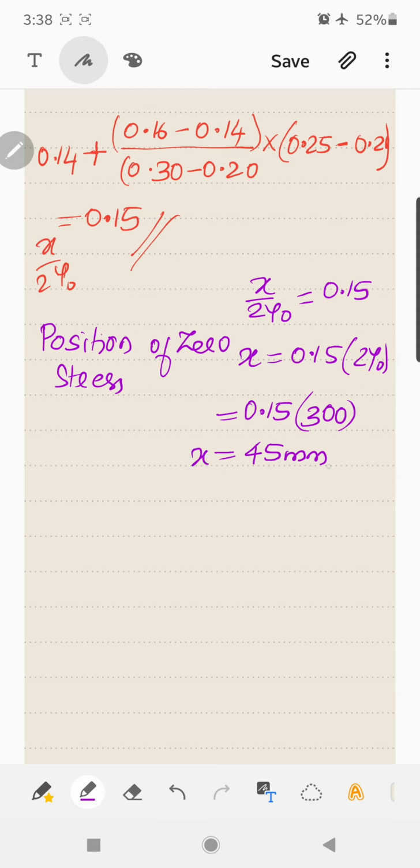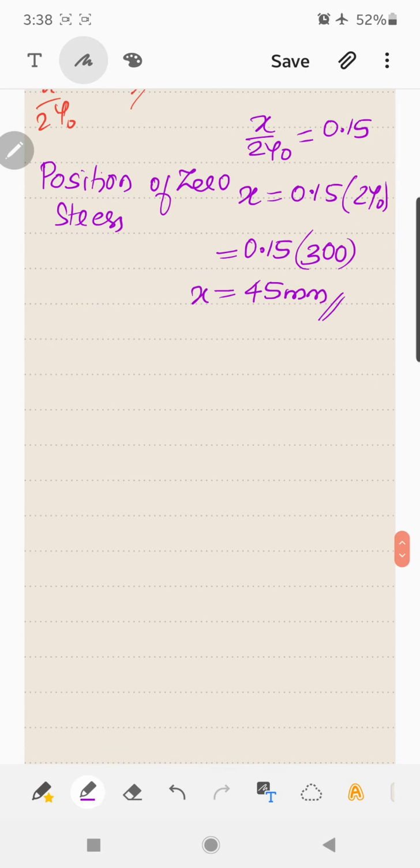This is the position of zero stress, where we assumed earlier 0.25 times h. So it is not 0.25 here, it is 0.15 times h by Guyon's method.